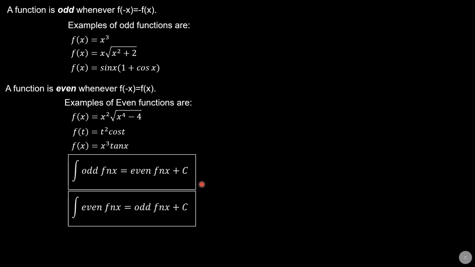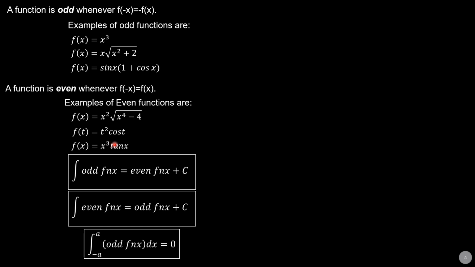Both are positive, but because it is upper minus lower limit, when two values are numerically equal and the sign between them is negative, the result is 0. So the integral of an odd function of x dx from negative a to a is automatically 0.